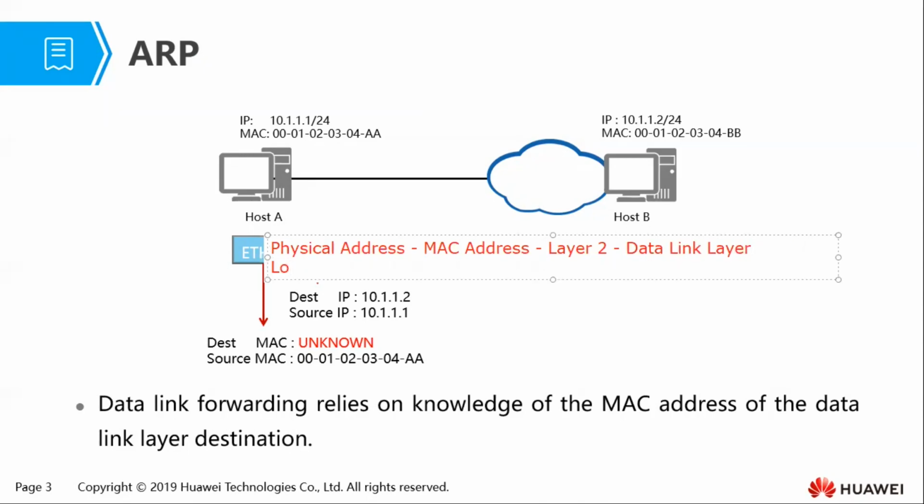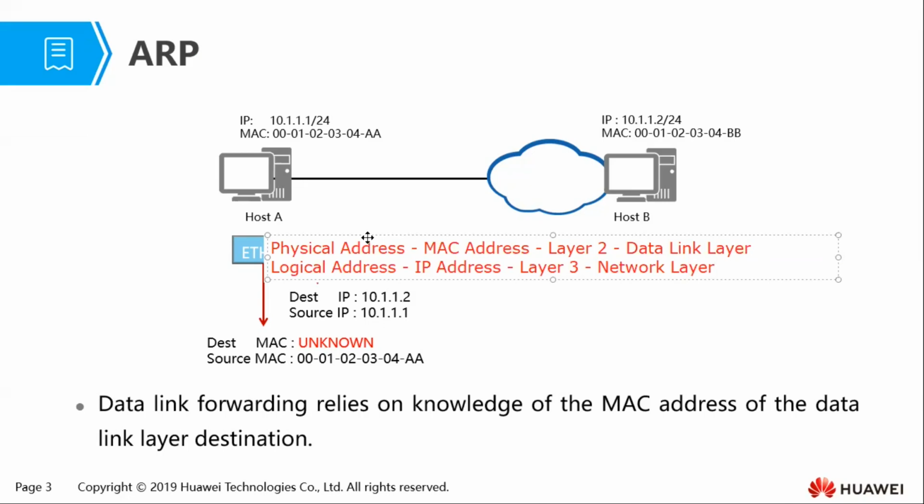Then we have the logical address. We say the logical address is actually what we call the IP address, and it is handled at layer 3 and is also known as the network layer, layer 3 network layer.